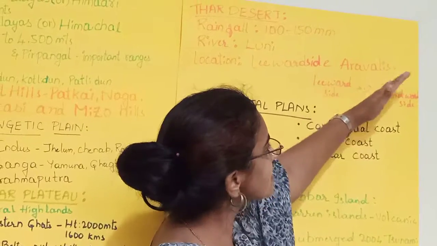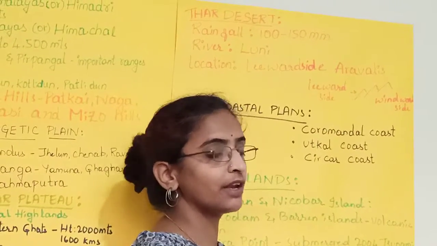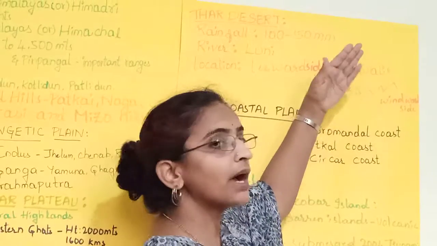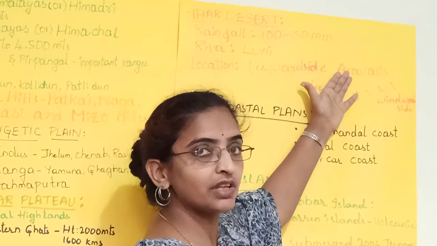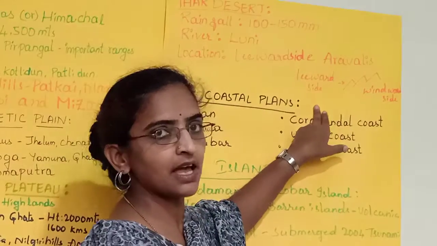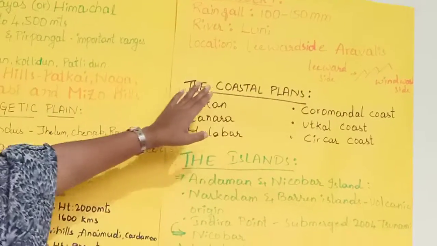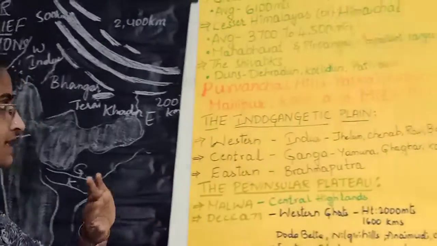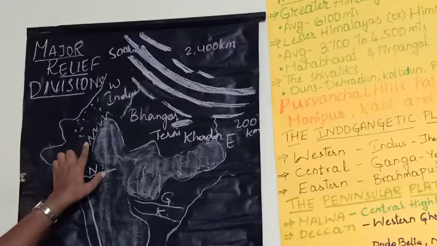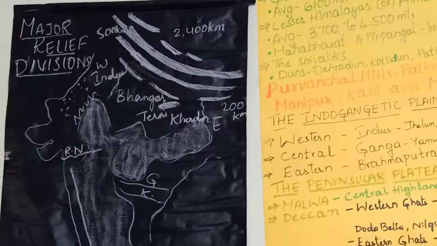Only one side of the Aravalli ranges receives winds and better rainfall, making the other side a rain shadow region because of its leeward position, converting that land into desert. Did you understand? This side of the Aravalli ranges is the windward direction and that side is the leeward direction.